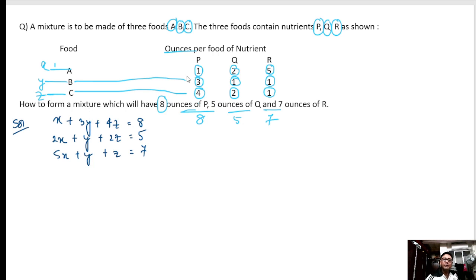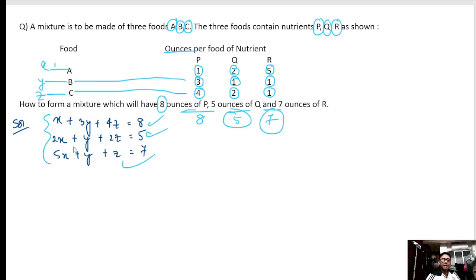So this is how I will make 1x plus 3y plus 4z, and total should give me 8. Similarly 2x plus 1y plus 2z should give me 5, and 5x plus 1y plus 1z should give me 7. Now we already know how to solve this matrix. So solving this matrix you can find out your x, y and z. That is our requirement. Clear?